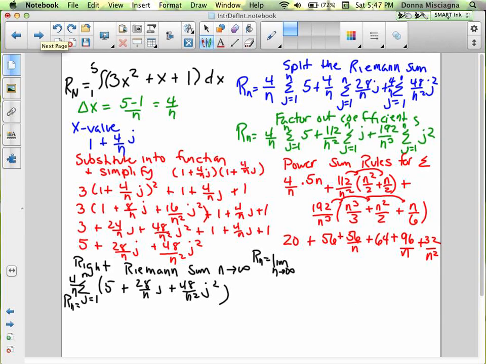So that would be 120, 140 plus 56 over n plus, oh, why don't we combine those two? Over n plus 30. Of course, that's just going to be 140, right? Because the other two are zeros, right?